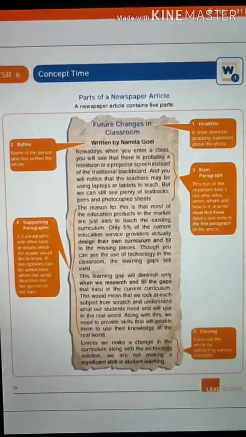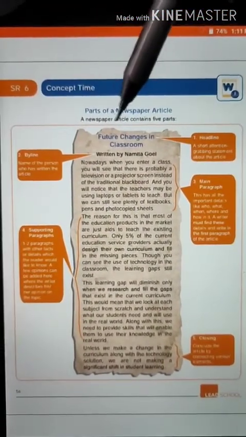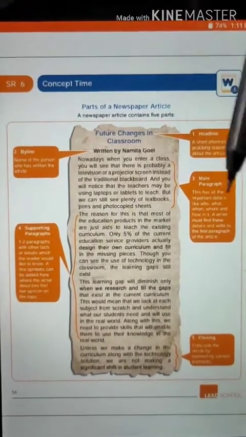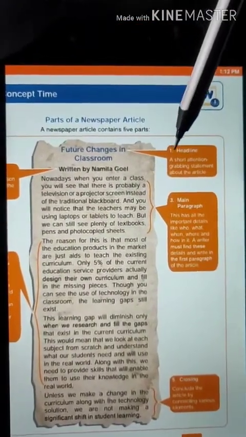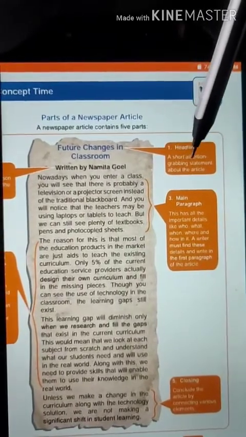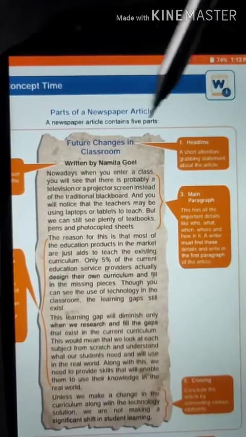So this is an editorial article which is given in your book also. Just read it. There are different parts. First part is the heading. A short attention grabbing statement about the article. So the first thing you have to write is the heading.